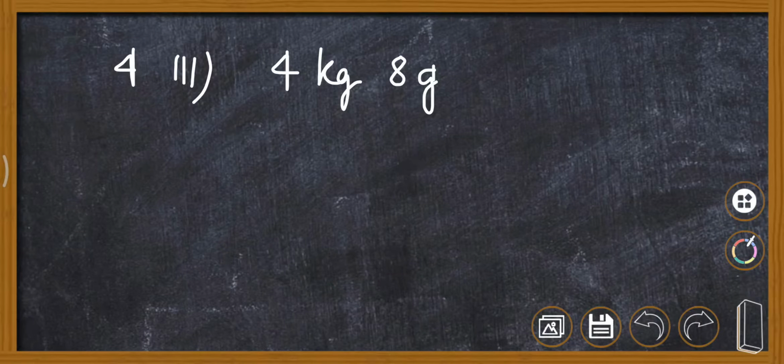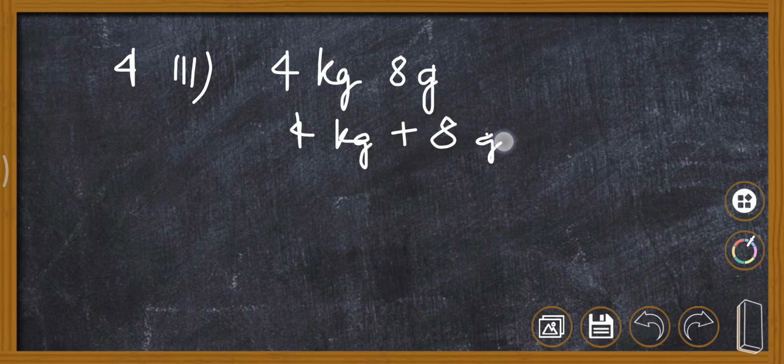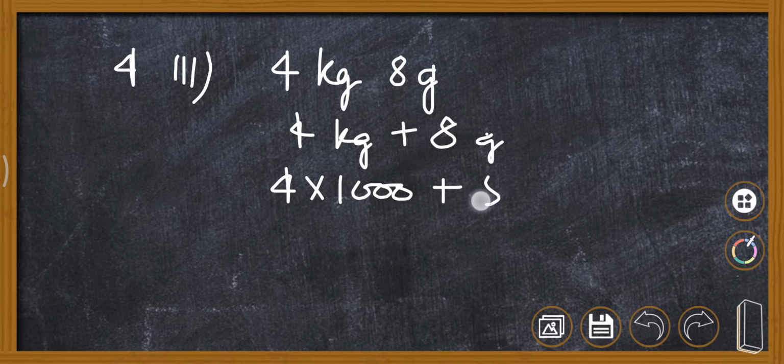Now this is 4 kilogram and 8 gram. To convert it into gram, first of all write 4 kilogram plus 8 gram. Between these we will first take a plus here. After that, if we are converting kilogram into gram then we have to multiply by 1000, because 1 kilogram is equal to 1000 gram and we are converting now left to right.